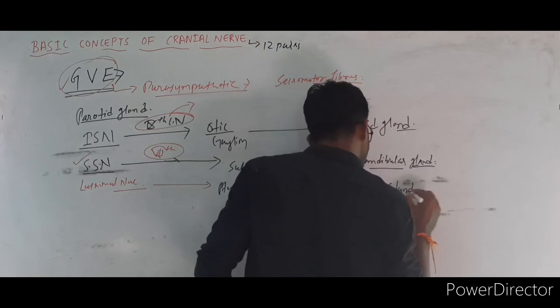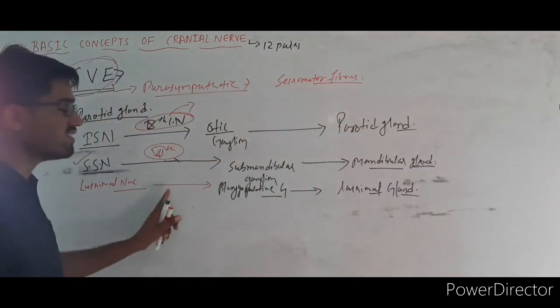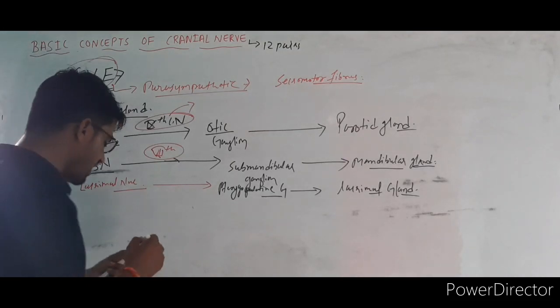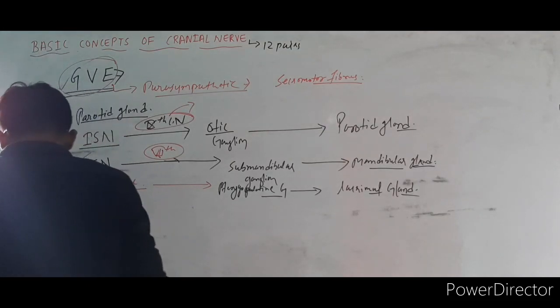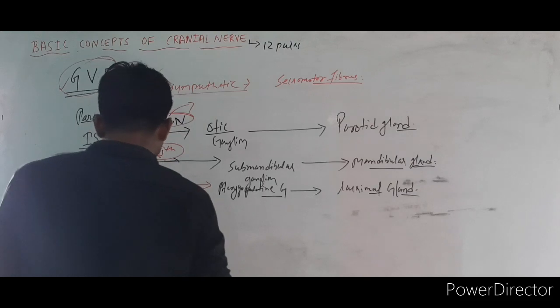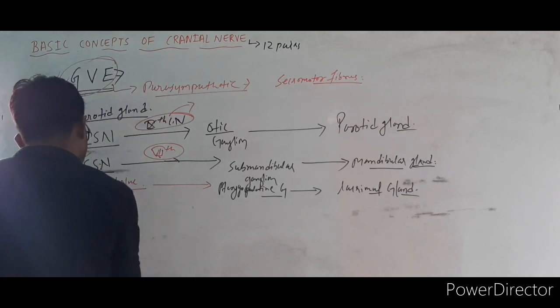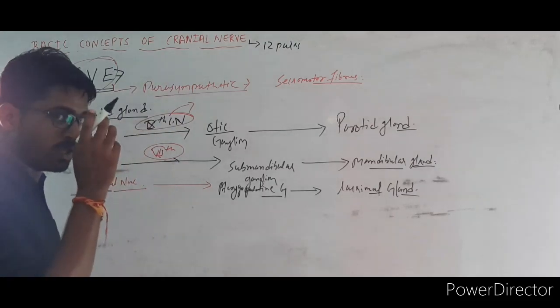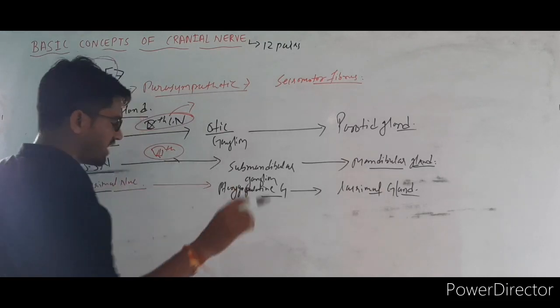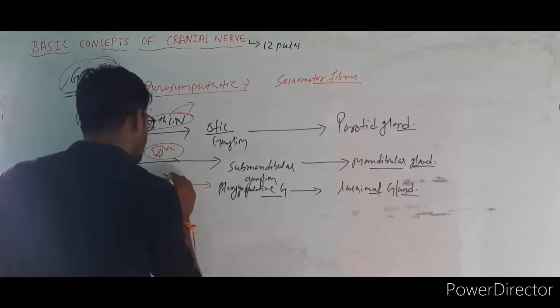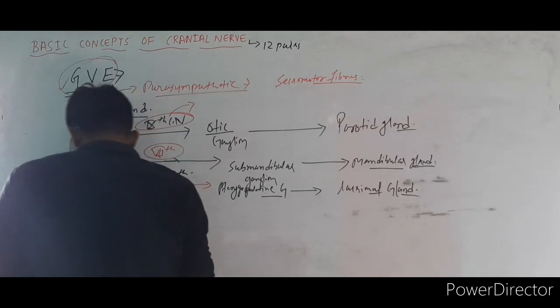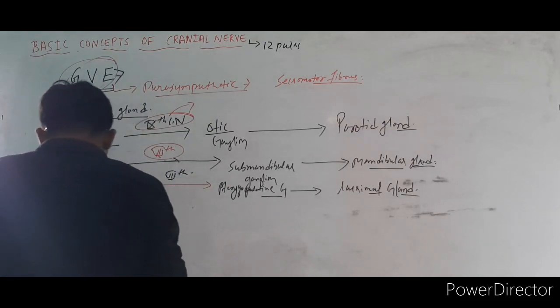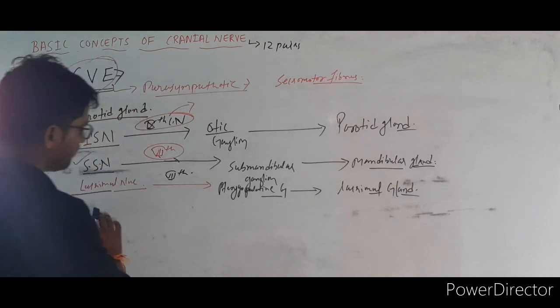Can you tell me which nerve supplies these fibers? Third cranial nerve or seventh cranial nerve, you have to remember this. Don't confuse this lacrimal nucleus with another thing I am going to discuss, but this is also by the seventh cranial nerve only.